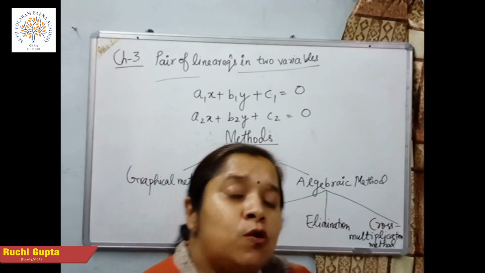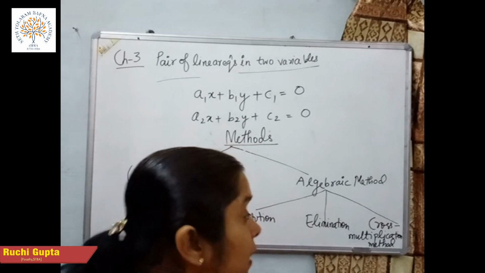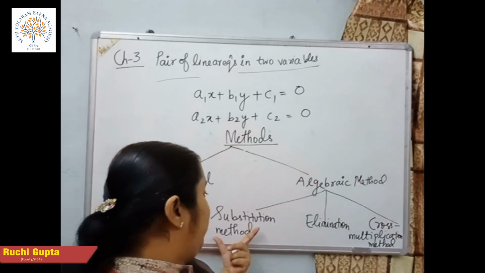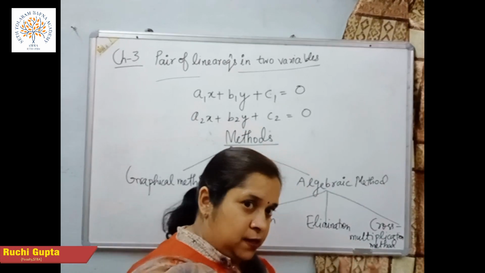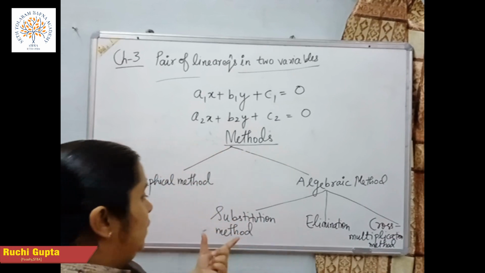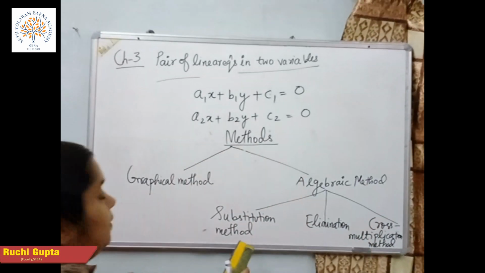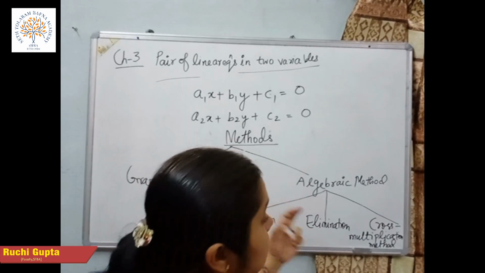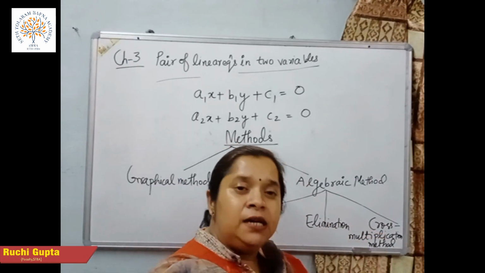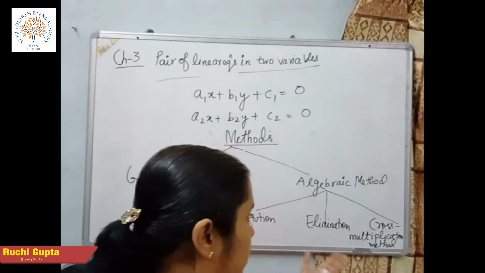Okay students, so I am taking one example through which I will explain you all three methods. From one example only I am going to explain you all three methods, that is, what is the difference between substitution, elimination and cross multiplication method.